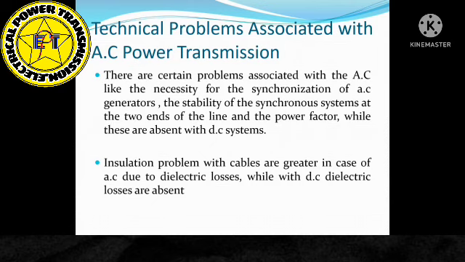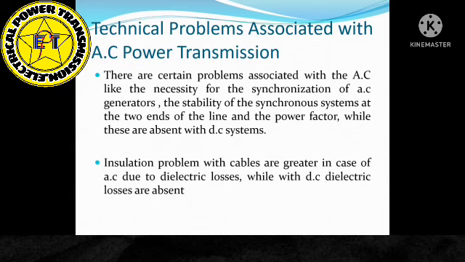There are certain problems associated with AC, like the necessity for the synchronization of AC generators. What do you mean by synchronization? Synchronization means your phase should be the same, your frequency should be the same, your bus bar voltage should be the same. This does not make any problem when you are using a DC transmission line.